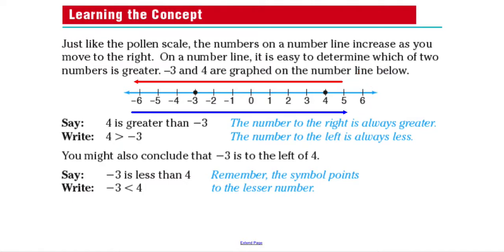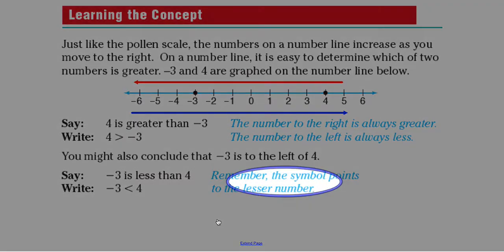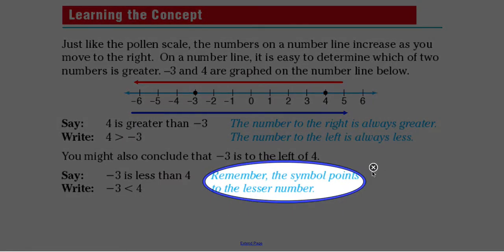So if you look at this one, it points to -3, so -3 is the lesser number. And where it opens up, it's always the greater number. So remember the symbol points to the lesser number, so this becomes important right there.